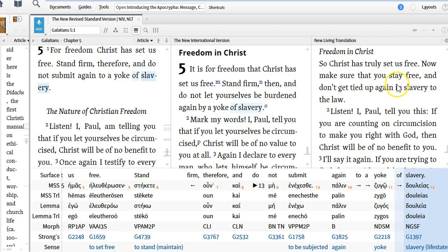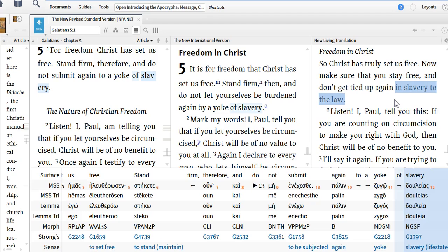Now, I delayed looking at the NLT because the NLT doesn't use the image of the yoke at all. It just drops the metaphor of yoke because I suppose in the late 20th century, when this translation was created, especially among the more urban readerships who would be attracted to a newer and freer translation, yoke isn't really something one encounters regularly in everyday life unless one is mistaking what is contained within an egg.